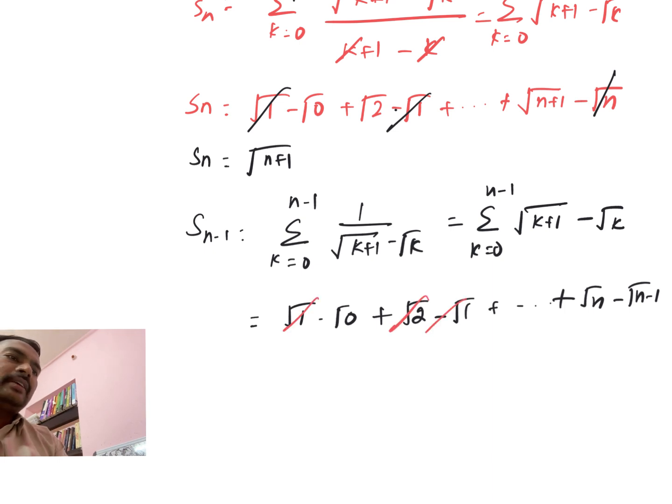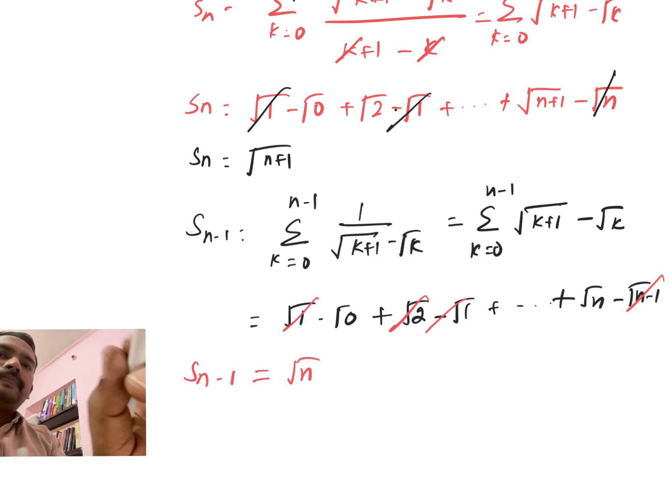You can see n minus 1 also cancels, because for the n minus 2 term, square root of n minus 2 plus 1 will be square root of n minus 1. The last term is square root of n minus square root of n minus 1, therefore it will be cancelled. Finally, we are left with square root of n, this is Sn minus 1.